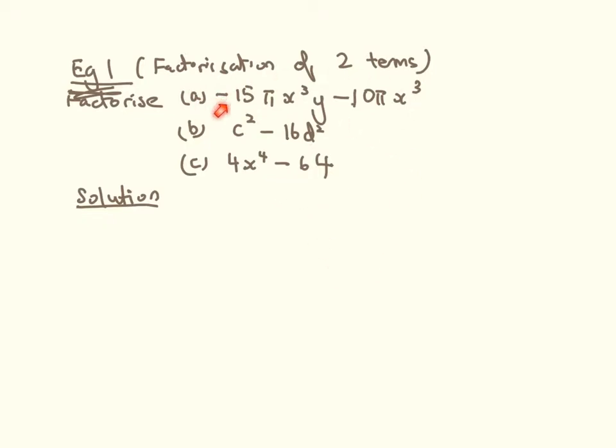Okay, taking a look at the first question, we will use our first technique. Is there any common factor? Yes, the first common factor is the minus, so I'm going to take out a minus, and the common factor of 15 and 10 will be 5.